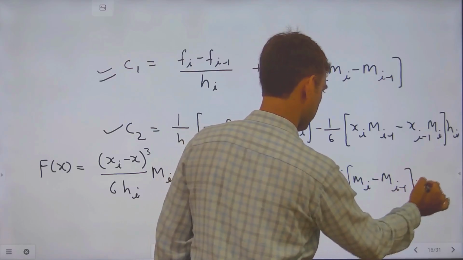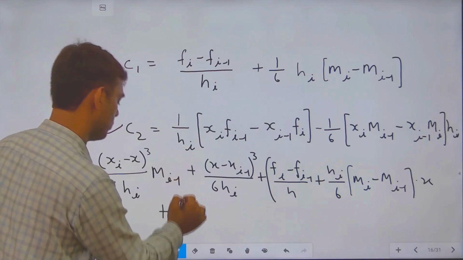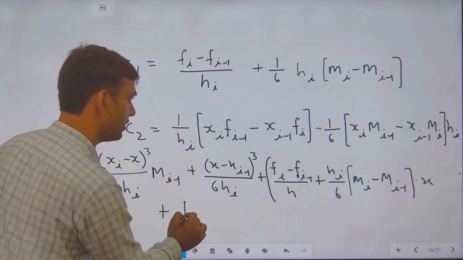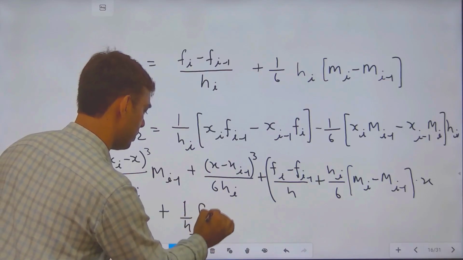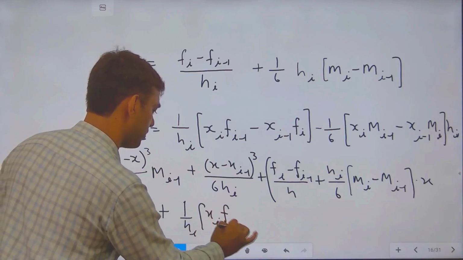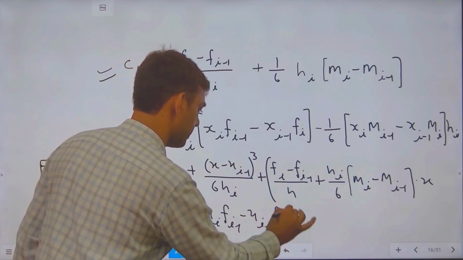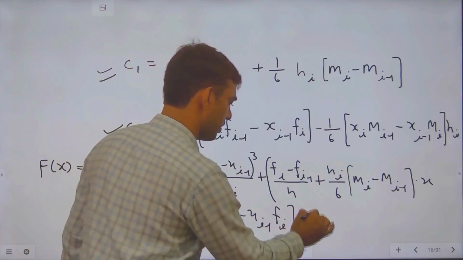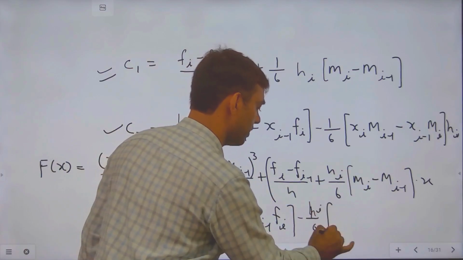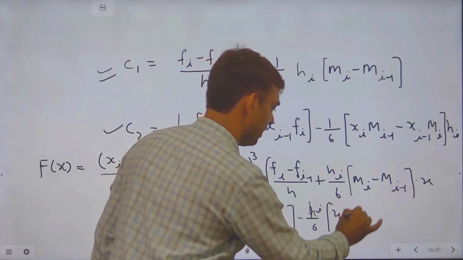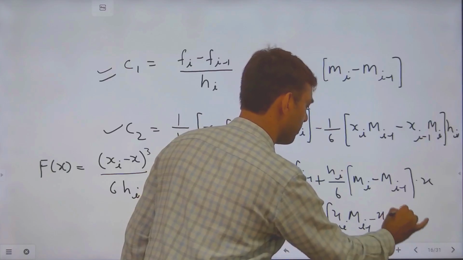So this one is c1 x, then we write c2. c2 is 1 upon h_i into (x_i f_{i-1} minus x_{i-1} f_i), minus 1 upon 6, or h_i by 6, into (x_i M_{i-1} minus x_{i-1} M_i).